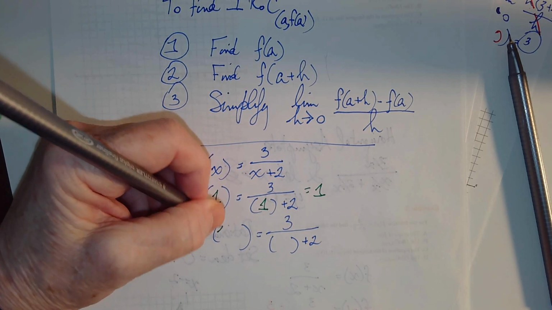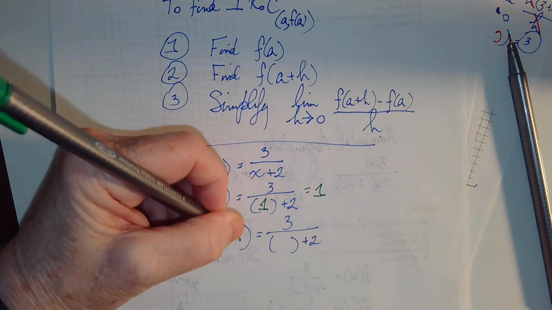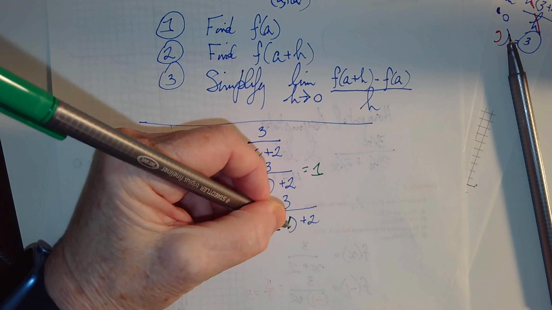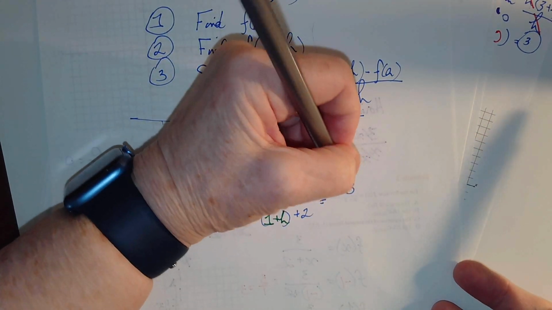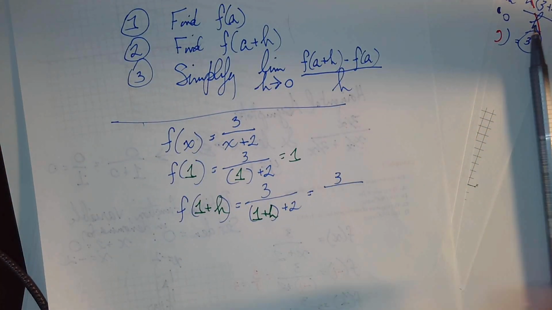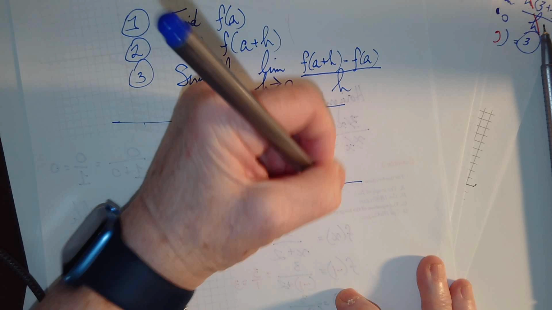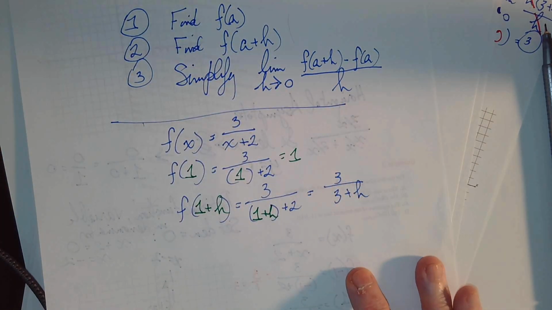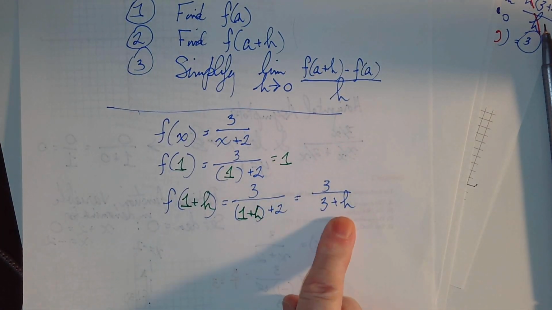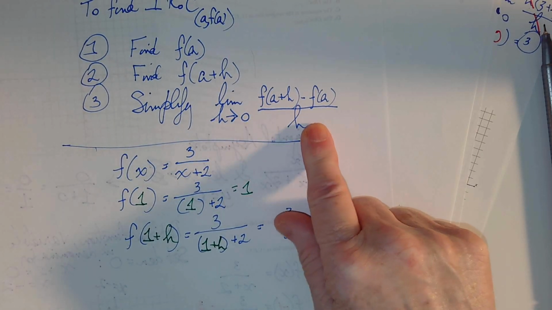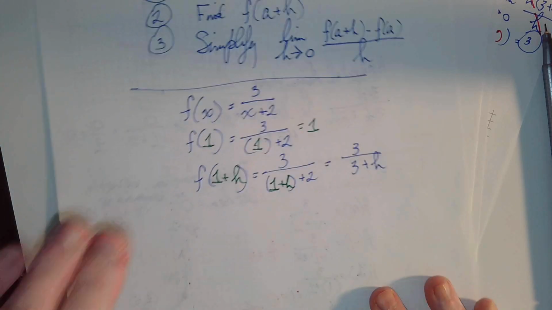Now let's plug in 1 plus h. So here, 1 plus h. So we have in the numerator 3, and in the denominator 1 plus 2 is 3 plus h. Okay, we've got the two parts, and now we're going to put them into the instantaneous rate of change formula.